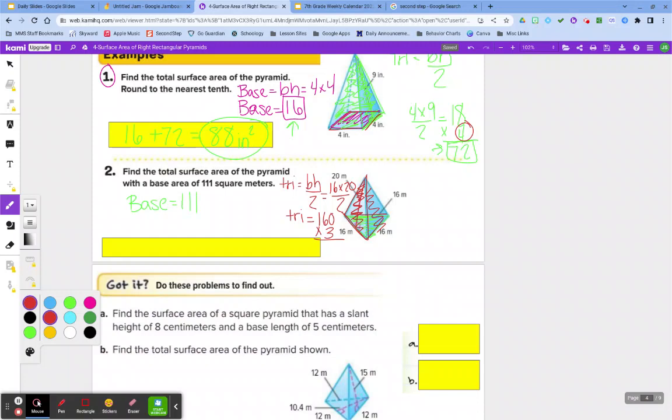So 160 times 3 triangles is going to give us 480. So our base is 111 plus the sides equal 480. Added together gives us a surface area of 591 meters squared.